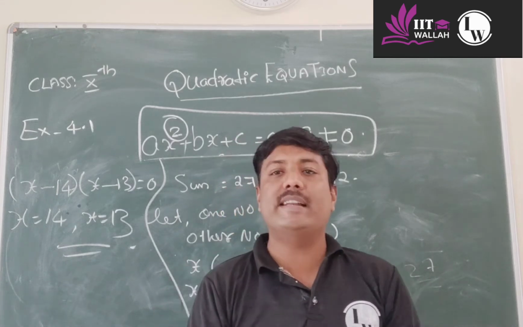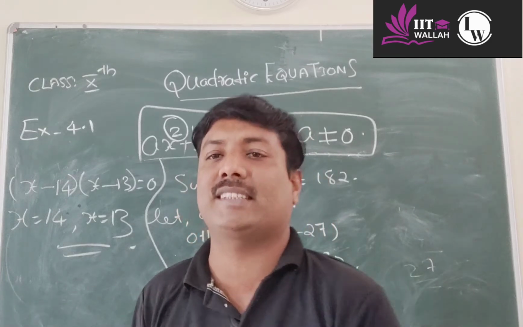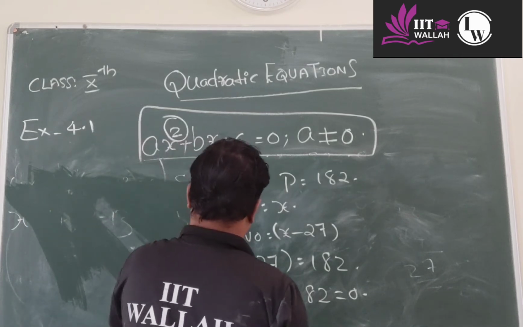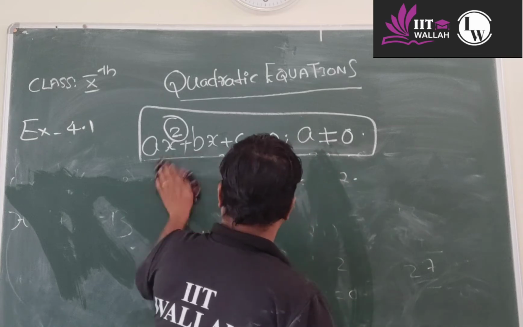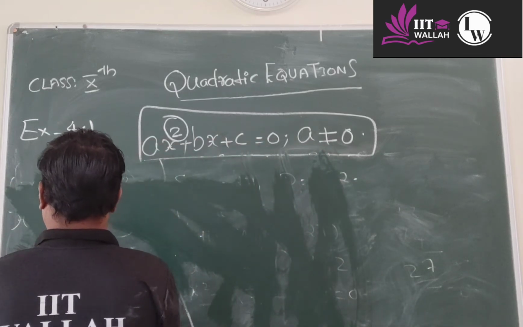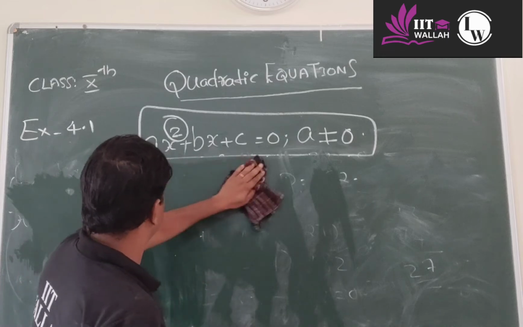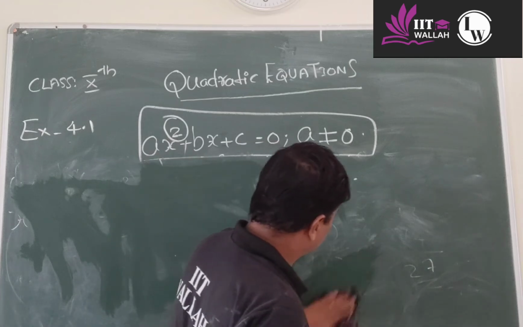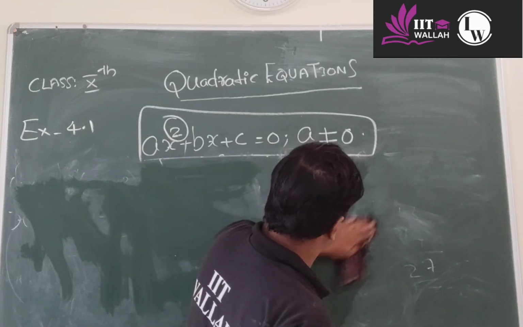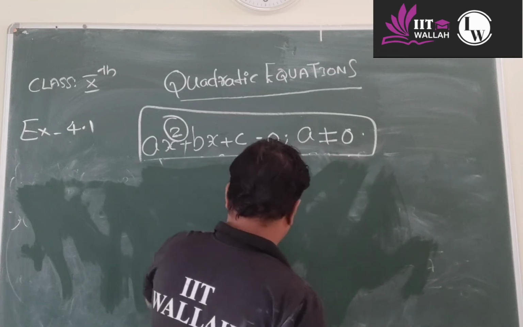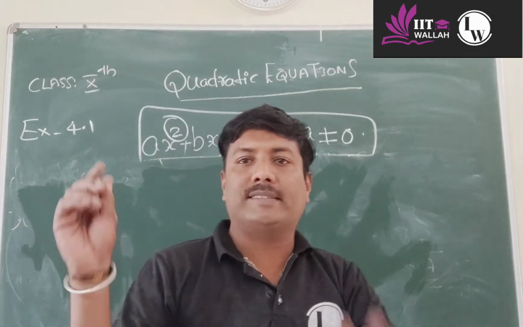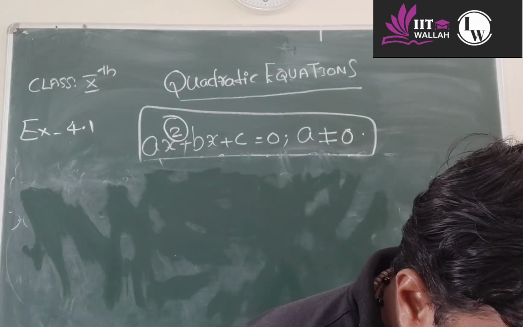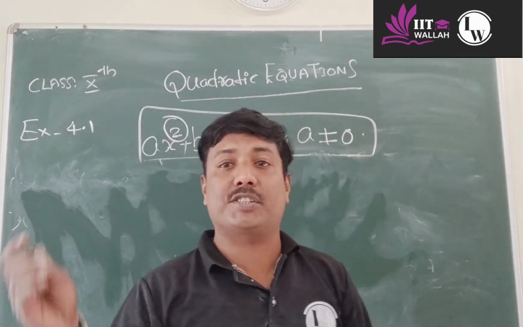Find two consecutive positive integers, sum of whose squares is 365. So that means two consecutive numbers, okay, and sum of whose squares is 365.